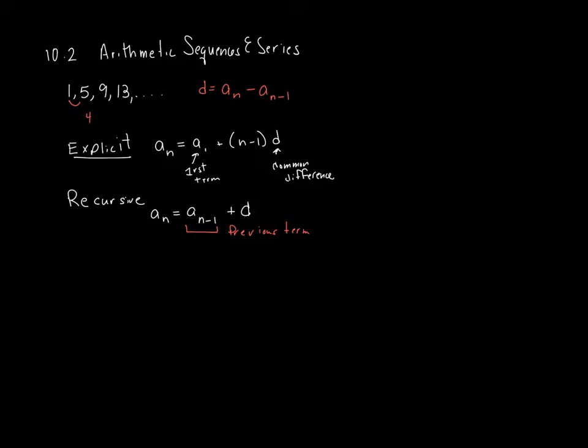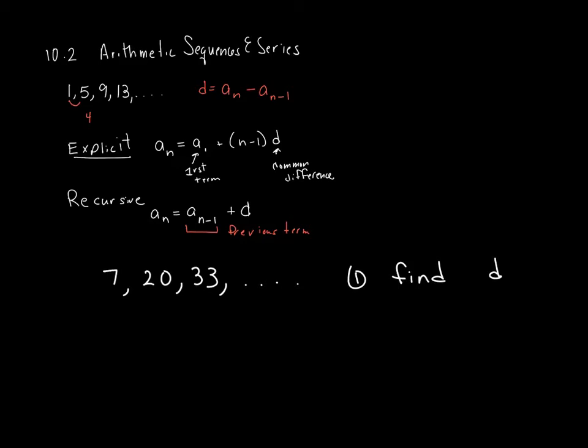All right, so I just shrunk that a little bit. So what we're going to do is look at how to write a rule for a series or a sequence. If I start with an example, 7, 20, 33, and that continues on forever, step 1 is to find the common difference, d.